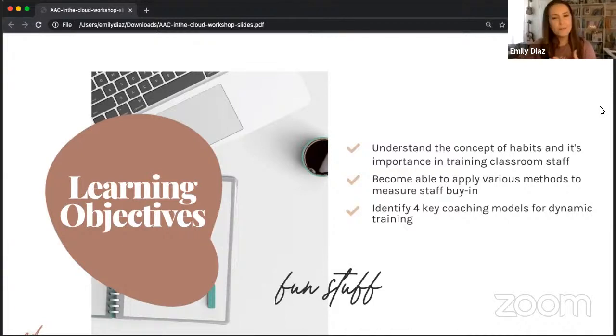We also need ways to measure that staff buy-in because it's incredibly important for us to be able to recognize if what we're doing is working or not. Because when it's not working, we need to change what we're doing. And if we can't measure that, we don't know if we as SLPs need to change. And lastly, you'll be able to identify 4 key coaching models for dynamic training. And this is the part that comes from Center and Bod's research that I love.